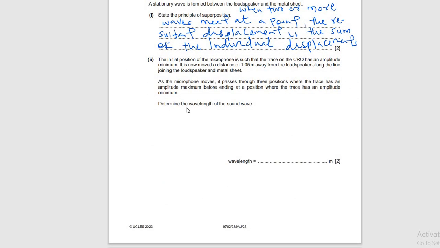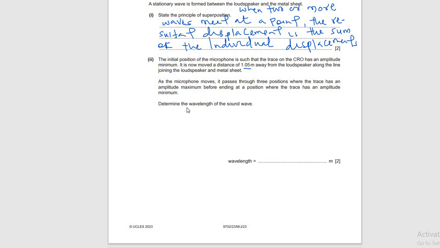Next question. The initial position of the microphone is such that the trace on the CRO has an amplitude minimum. It is now moved a distance of 1.05 meters away from the loudspeaker along the line joining the loudspeaker and the metal sheet.